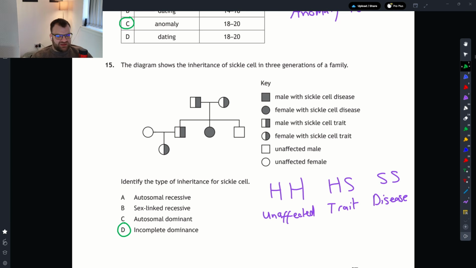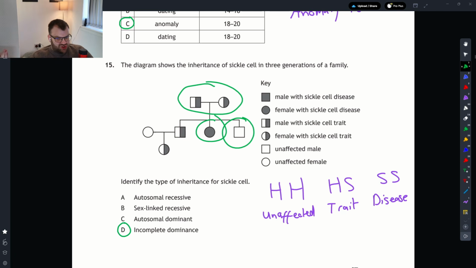Sickle cell is like a classic one for this with the trait. That's what I kind of jumped straight to. You could look at things like, for dominant conditions, anyone who is affected, all their children would be affected. So if you look at here, we've got 2 people with the disease, yet they're able to have a mixture of they've got the trait, and they're able to have a mixture of unaffected disease and trait as well.